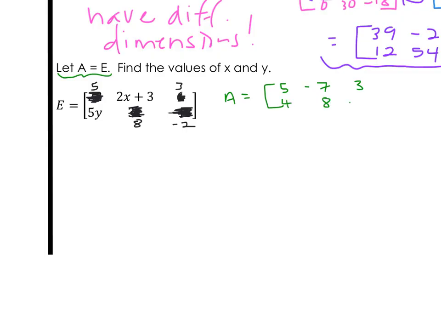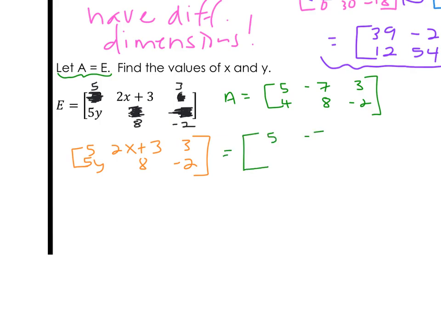Now, if the two matrices are equal to each other, I'm just going to set 5, 2x plus 3, and 3 in the first row, 5y, 8, and negative 2 in the second row, equal to matrix A. So it's kind of rewriting the two matrices up above equal to each other.